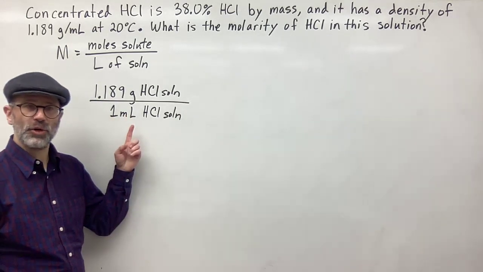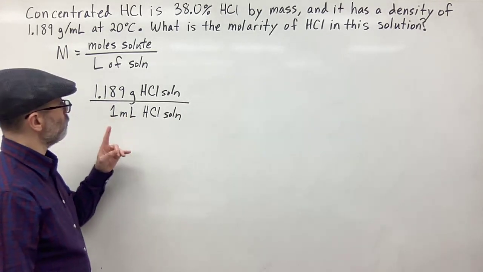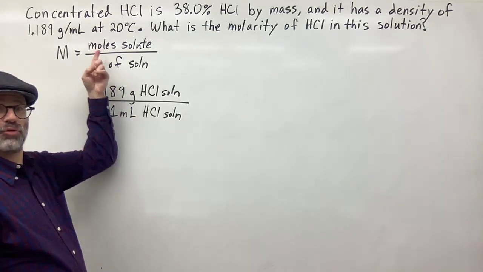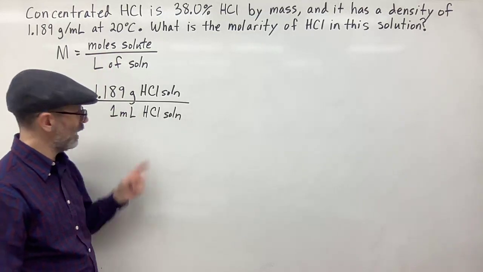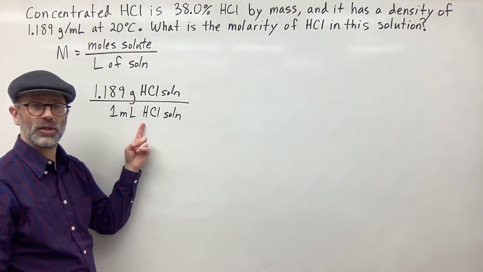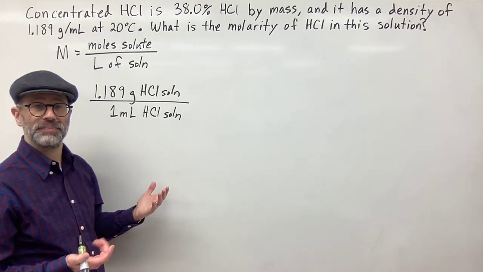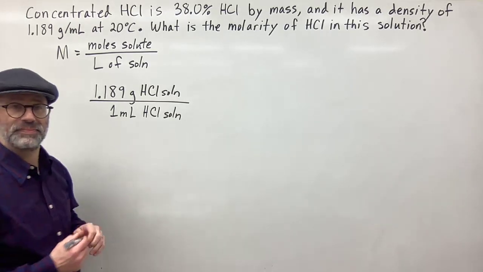So we got a ratio here. So if we could convert the top part to moles of solute, and if we could convert the bottom part to liters of the solution, then we'll have our molarity. So let's go ahead and do that.